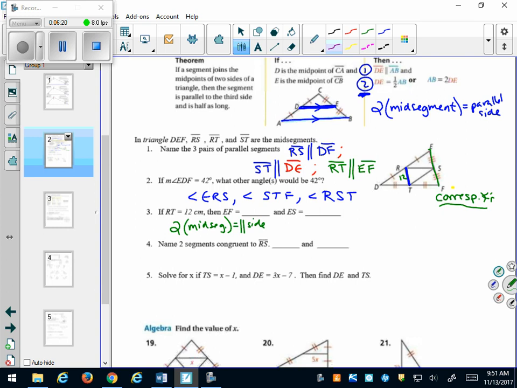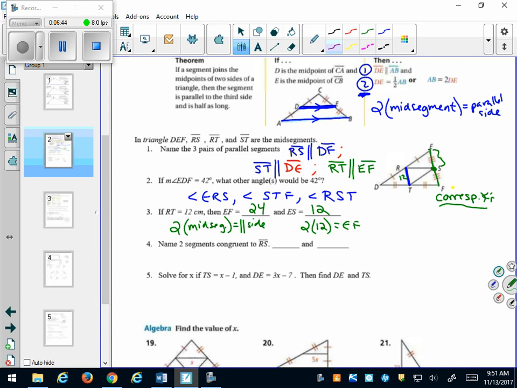So in this case, if the midsegment is 12, 2 times 12 would equal EF. So that would be 24. So then what would ES be? Well, remember, S is the midpoint. So ES is also half of that side. So that would be 12.